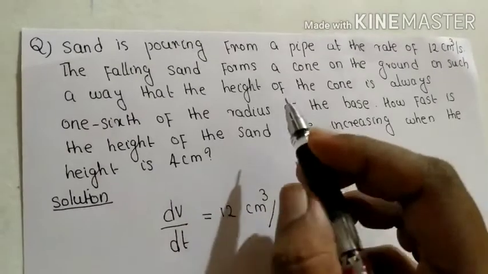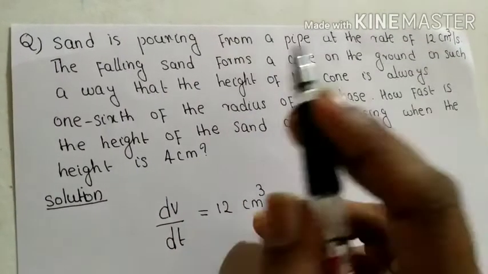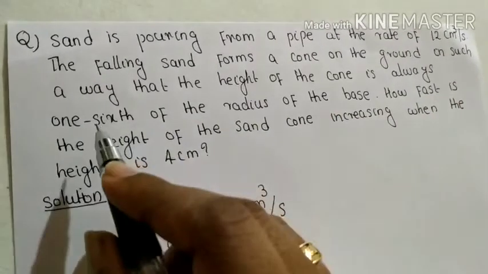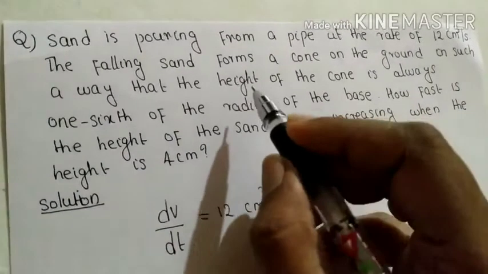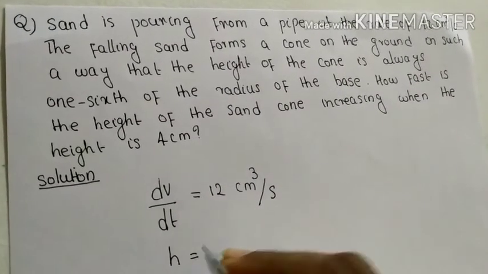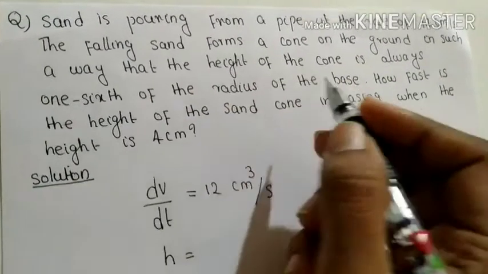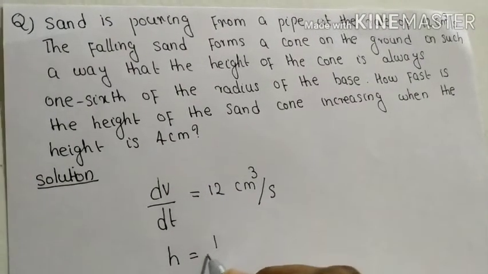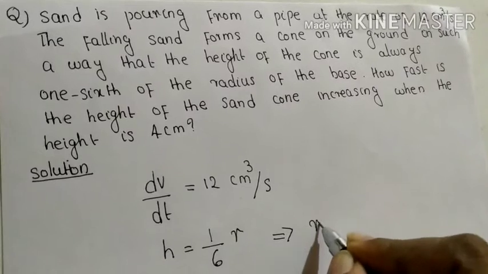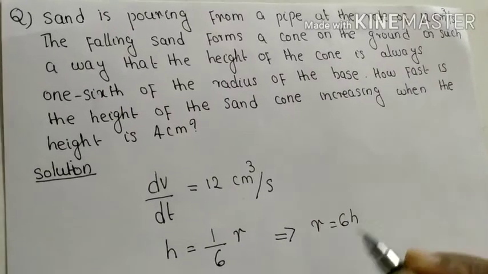Okay, the falling sand forms a cone on the ground in such a way that the height of the cone is always 1/6 of the radius. Note that height of the cone, that is h, is equal to 1/6 of the radius of the base, that is 1/6 of r. From this we get r equal to 6h.